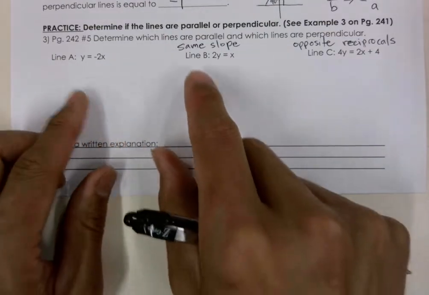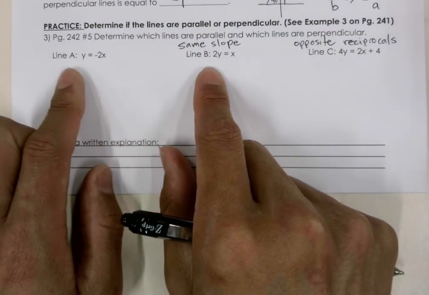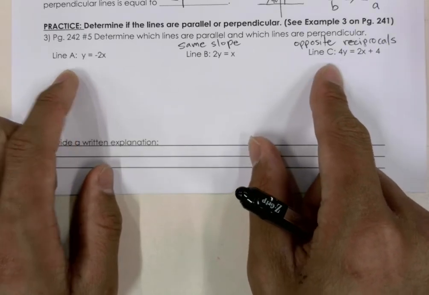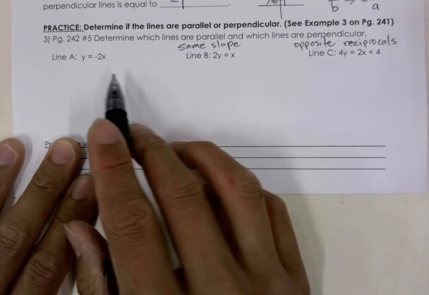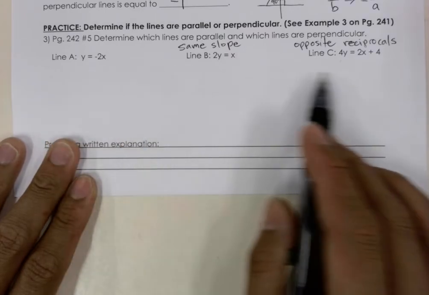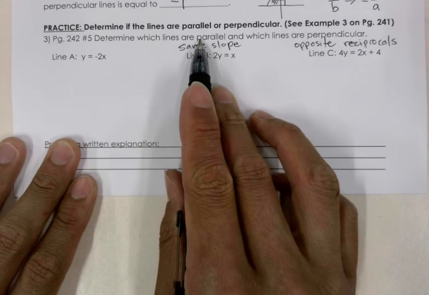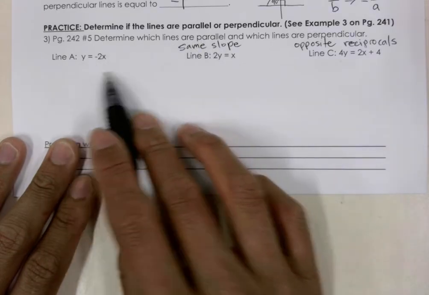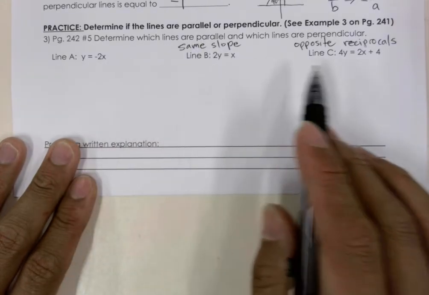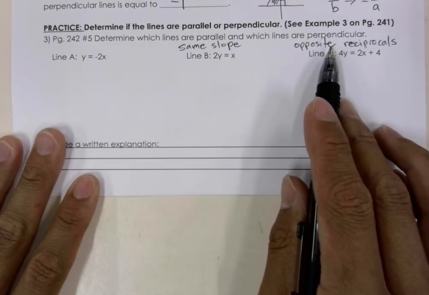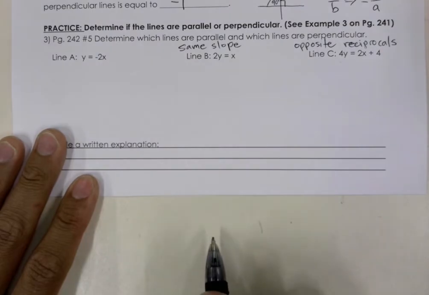So what we can do is find the slope for A and B and C and compare them and determine which of these lines have the same slope and thus are parallel, and which of these lines have slopes which are opposite reciprocals and thus are perpendicular.